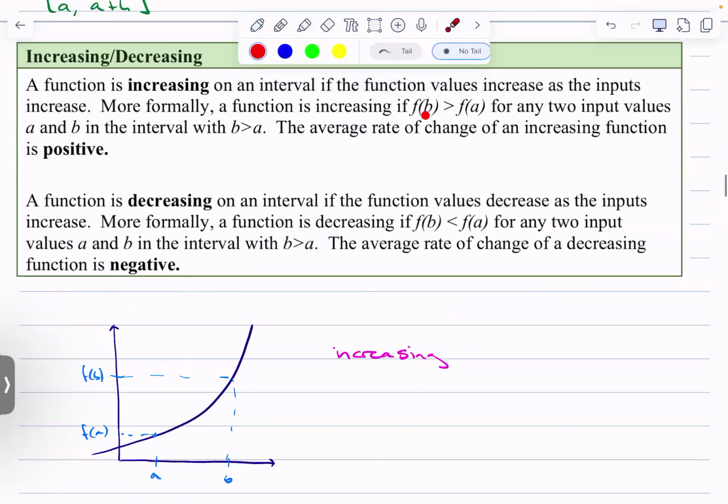So if f of b is greater than f of a, which is the case in this scenario here, for any two input values a and b in the interval where b is greater than a.